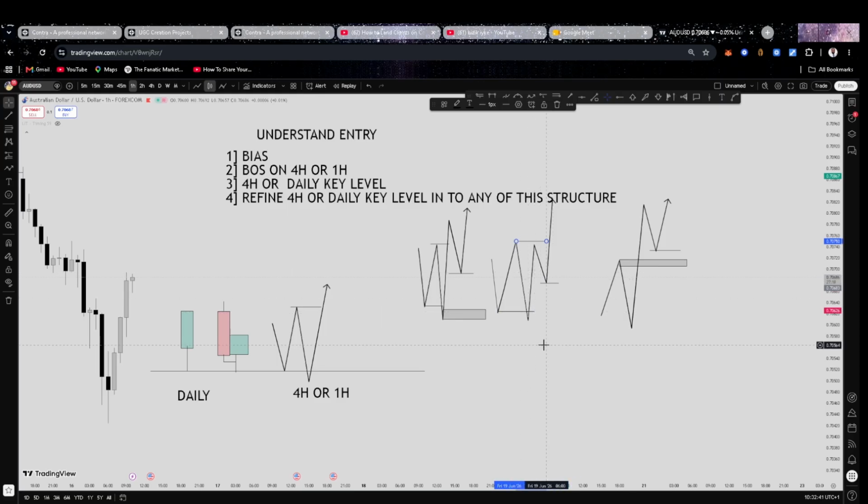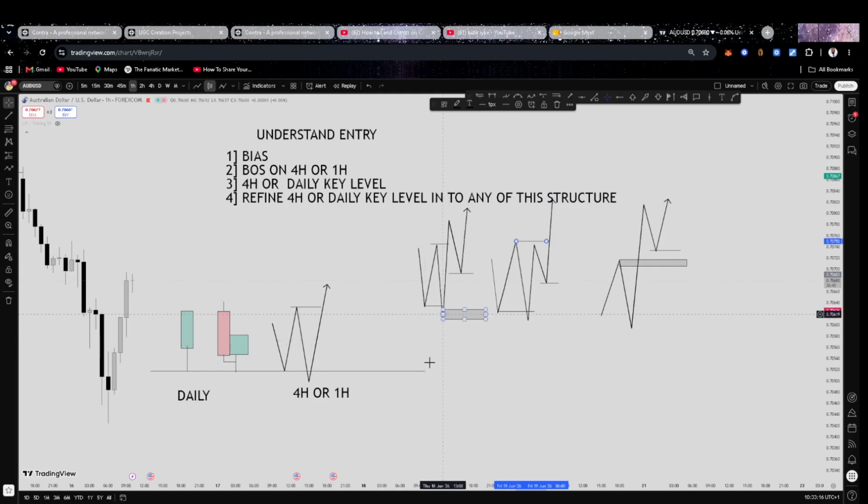Structure type 3 is the continuation structure, you use this mostly for continuation. Also, it can still be found during your reversals. Structure type 1 and 2, you will mostly find them whenever you see a reversal. Whenever a market is about to reverse, you have structure type 1 and structure type 2.